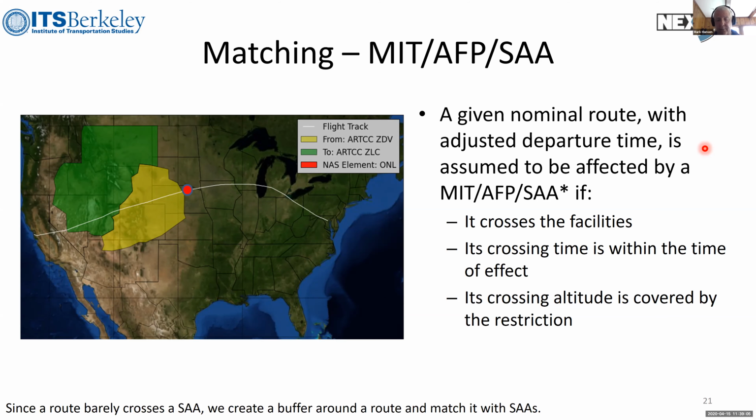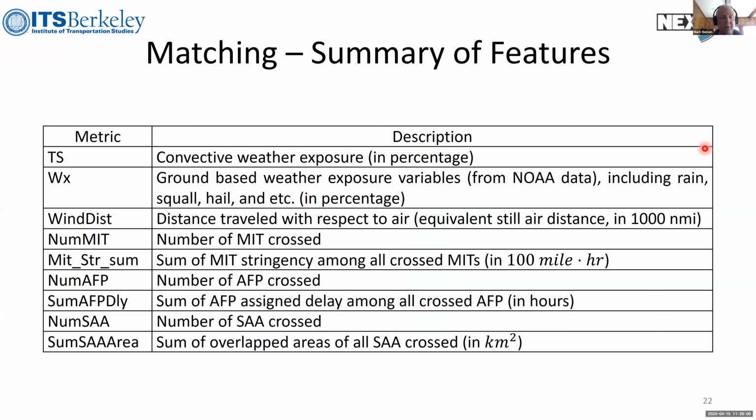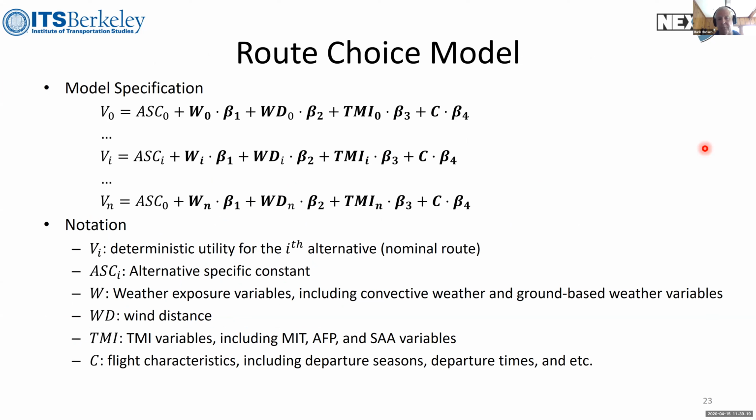And finally, this is the summary of all the features that we determined for each of these routes, each of these nominal routes. Now we are going to use this in a very conventional modeling framework, a route choice model based on either logit or nested logit.